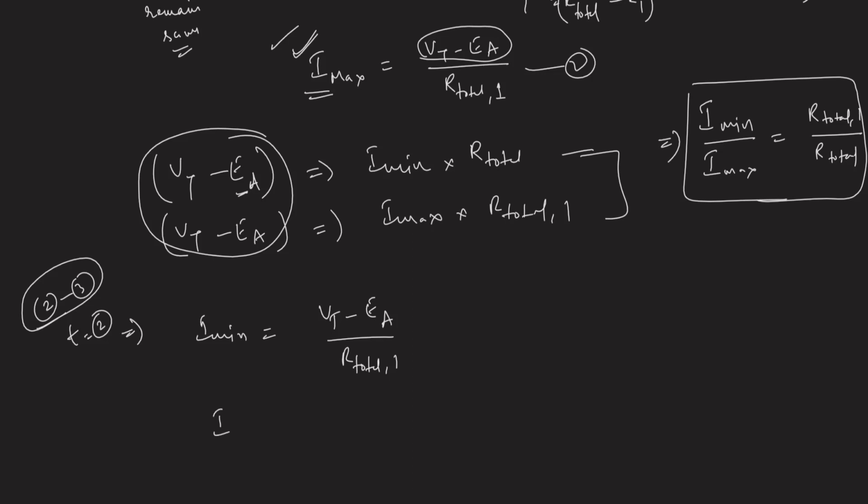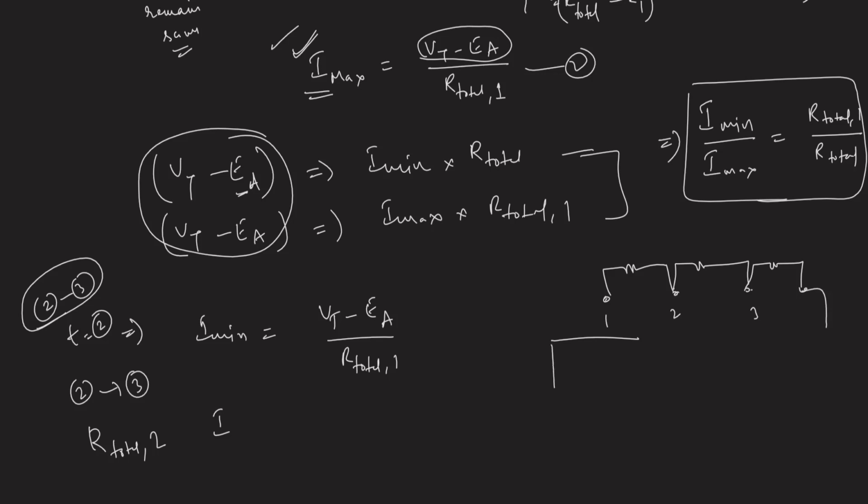And after moving the stud from 2 to 3, now R total will be R total comma 2. I am removing the second stud resistance as well now. Okay, so this is connected to the armature resistance.